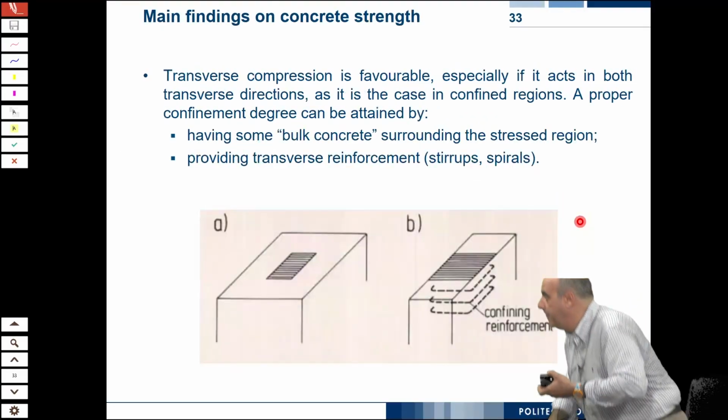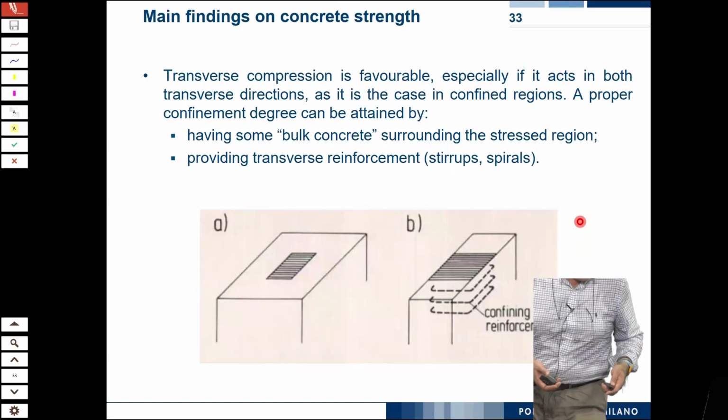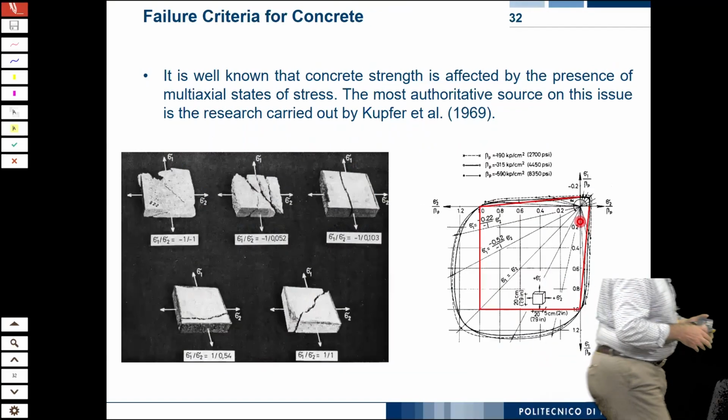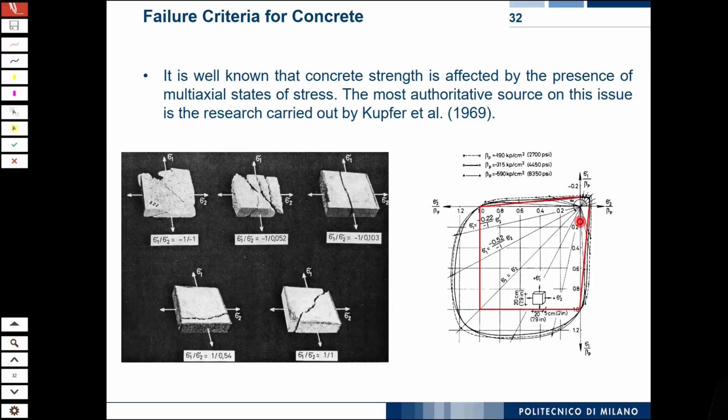Here you have on this axis the stress sigma 1 in the vertical direction, divided by the uniaxial compressive strength, fc.